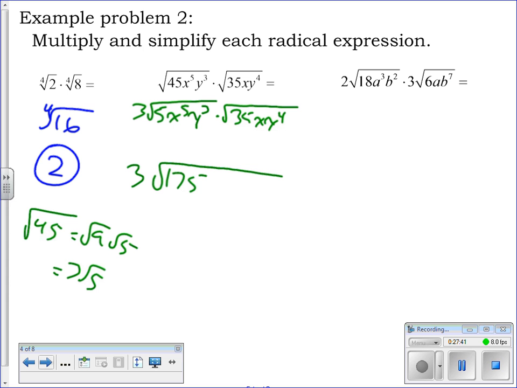X to the 5th times x to the 1st is x to the 6th power. Add the exponents. And then y cubed times y to the 4th is y to the 7th power.